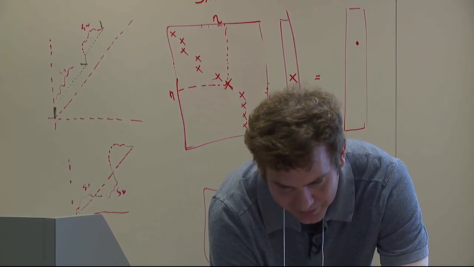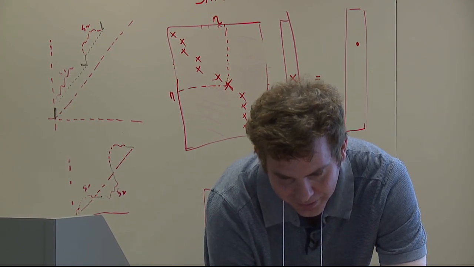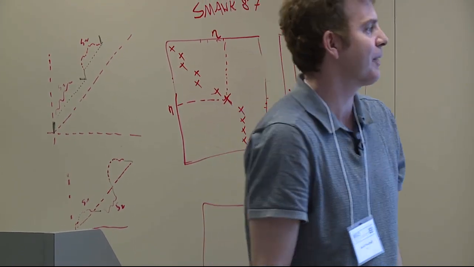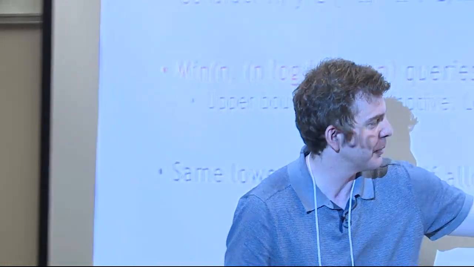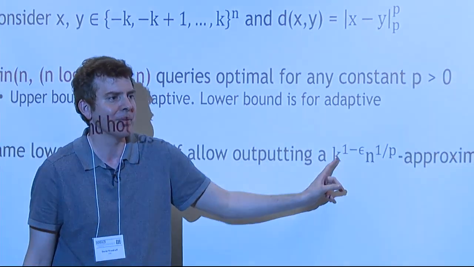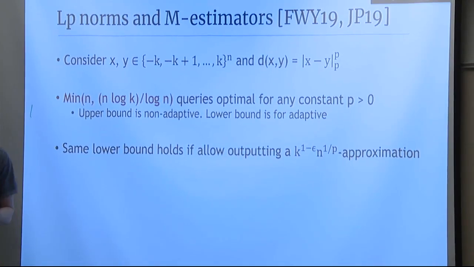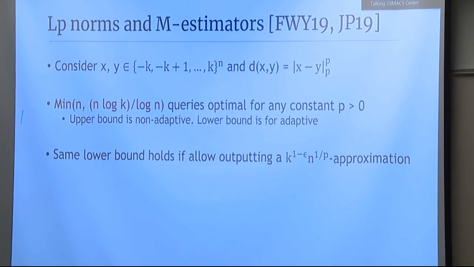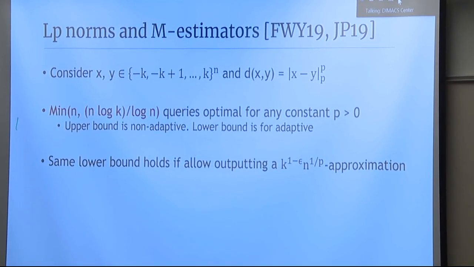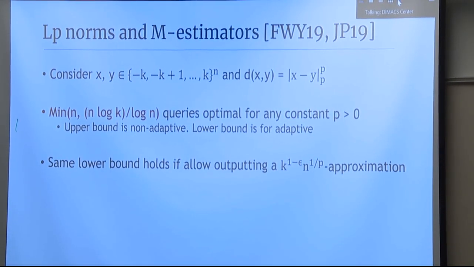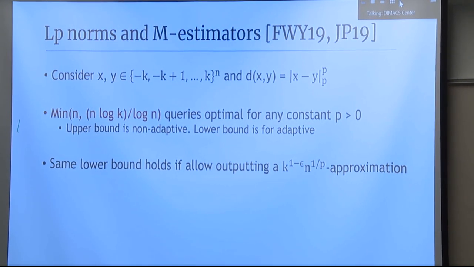I mentioned it, kind of by counting. Even if you wanted to output a secret within this distance in LP norm, the same lower bounds would apply. We didn't characterize the approximability for the new distance measures that we studied though, so that might be worthwhile.